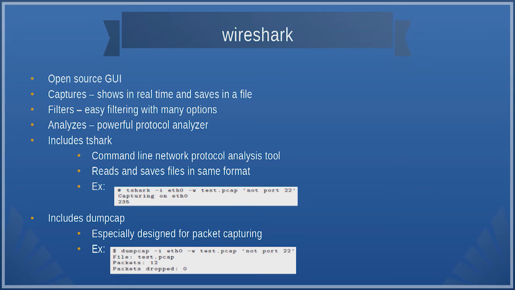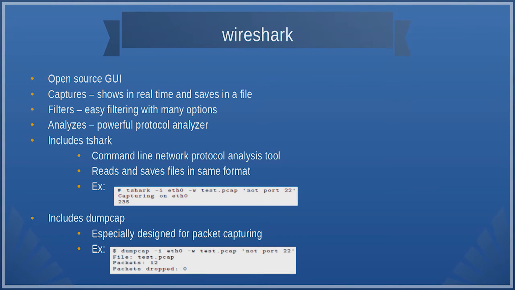The next tool, if you are not very familiar with using command lines, is the open source GUI, Wireshark. The advantage of using Wireshark is that it provides a nice GUI, but there is also a command line option available for Wireshark. It can capture the packets, filter the packets, and then analyze them.